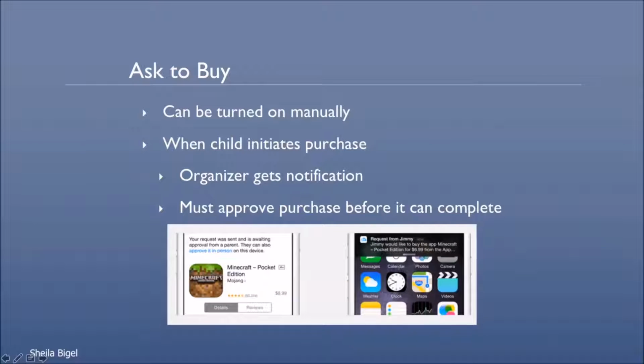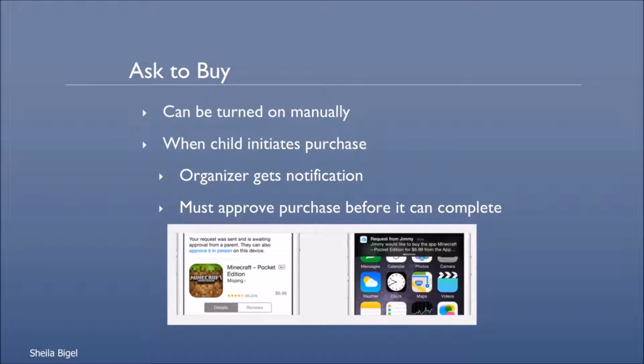And this little graphic shows on the left side what the child would see. Your request was sent and is waiting approval. And the right side shows what you would see as the organizer. So-and-so wants to buy this, and you need to give permission for them to buy it.